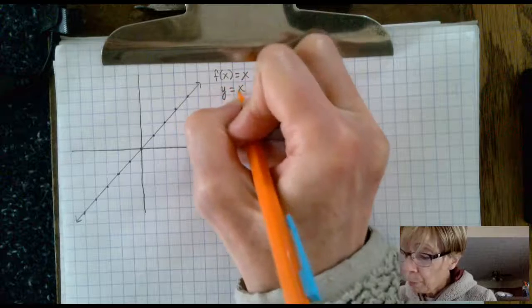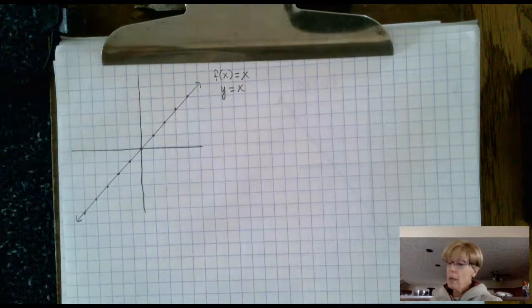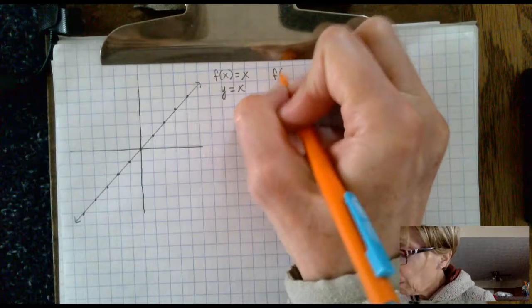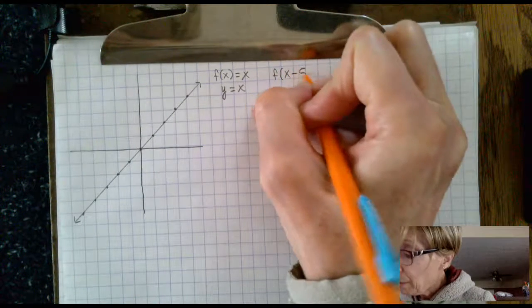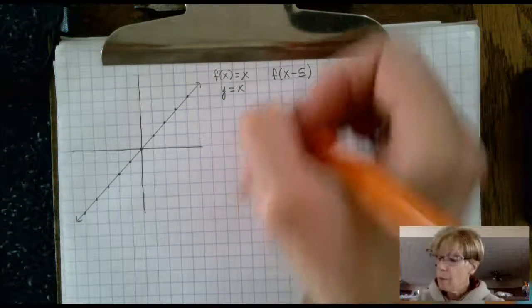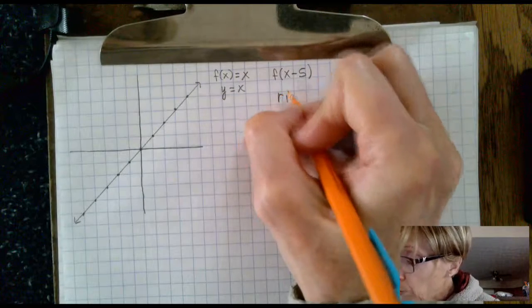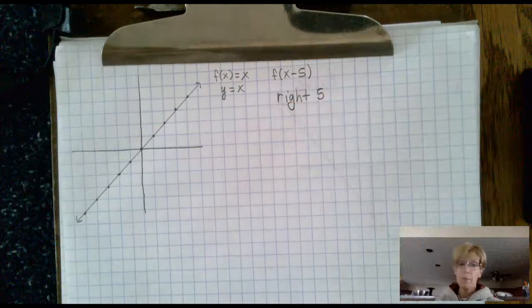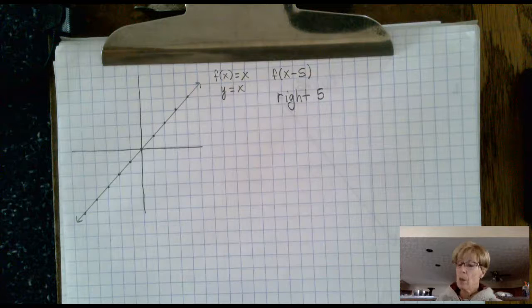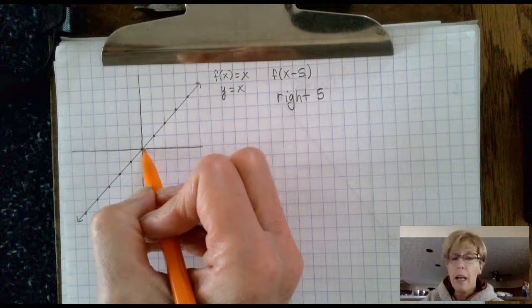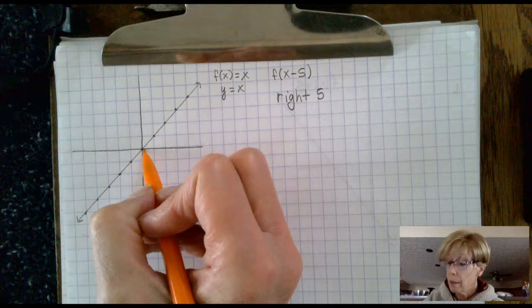So even though you can't see any points on the line, you can see some points on the given line on the program. But what I'm going to do is count right 5 spaces. 1, 2, 3, 4, 5. And you can do that with all of them. 1, 2, 3, 4, 5. We could go here. 1, 2, 3, 4, 5.